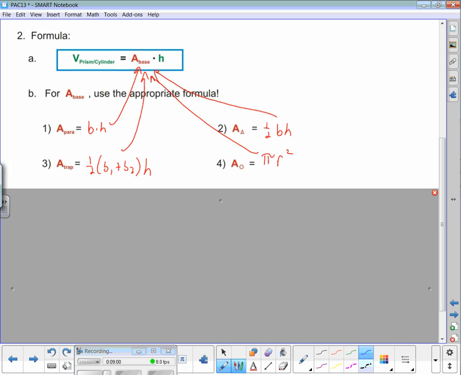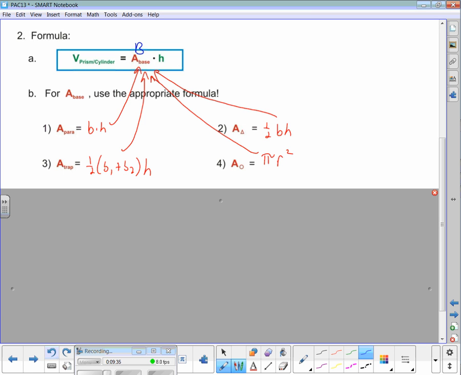It's just a distraction. Sometimes you're going to see, instead of writing area of the base like this, they put just a capital B. That's their notation. I don't think it's best. If I could change all Mathendon and get them to change it to capital A subscript base, I would. But unfortunately, a lot of them like a capital B. So please note that's the same way of saying area of the base.